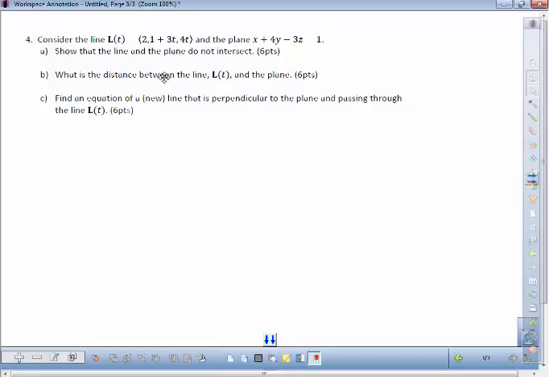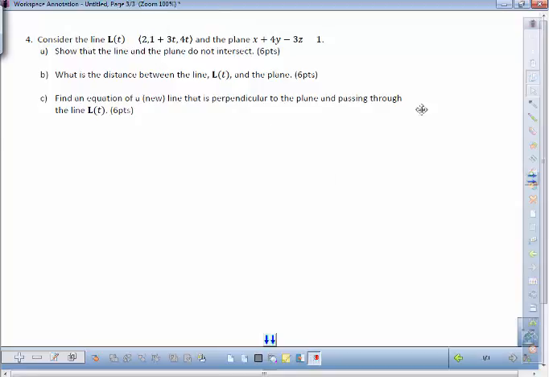How would you show that they don't intersect? You dot the plane's normal vector with a direction, so the plane's perpendicular, and the direction vector, if it's parallel to the plane, then that means that vector can be on the plane, and if the vector is on the plane, then it should be perpendicular to the normal.